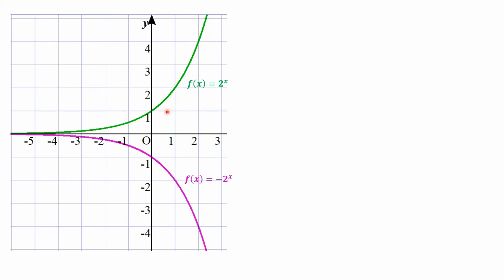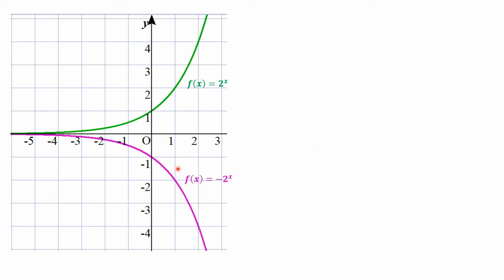Again, this is the graph of our standard equation f of x from example 1. And when we make a negative, it will look like this, the purple curve. So what will be affected, the domain or the range? The domain is still the set of real numbers because x may take any value from negative to positive.